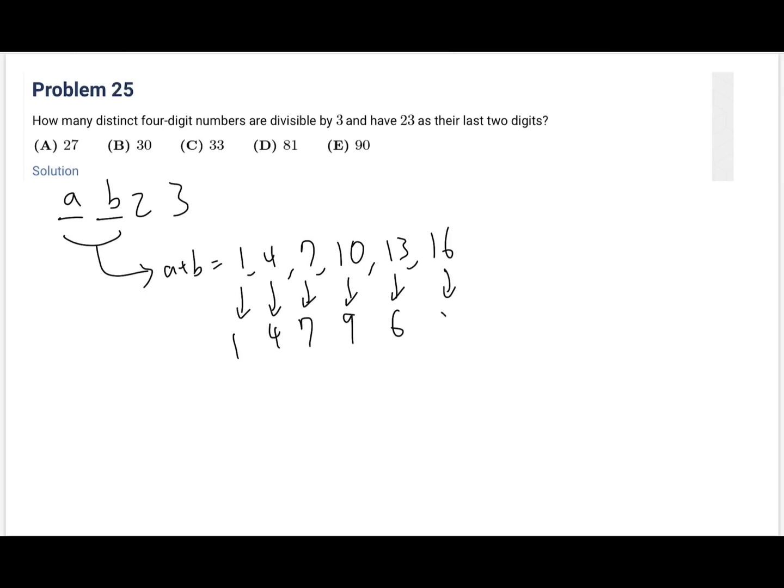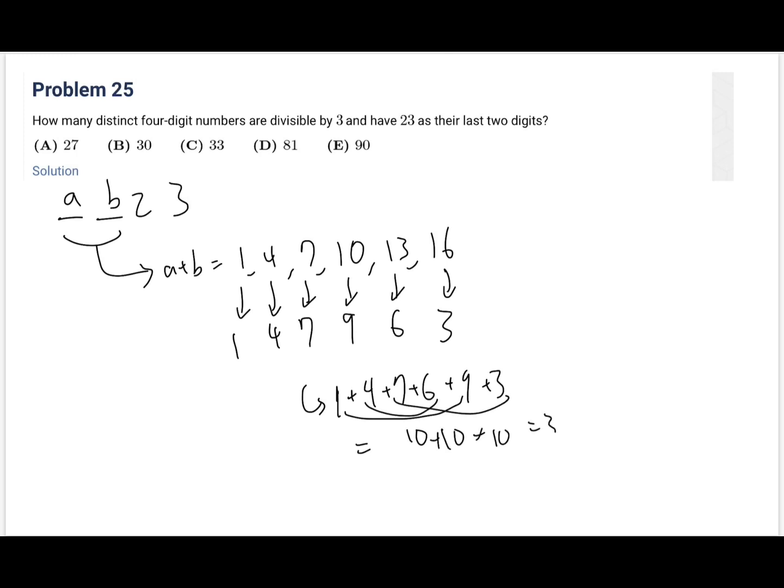And then 16 would be 9, 7, 8, 8, 7, 9. So this is 3. So 1 plus 4 plus 7 plus 6 plus 9 plus 3 equals, this is 10, this is 10, this is 10, equals 30. So the answer is B. And that was problem number 25, and thank you for watching.